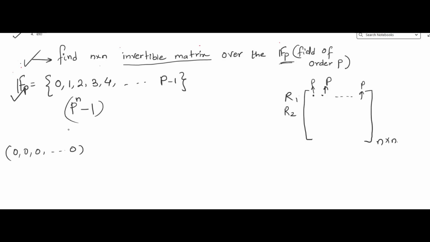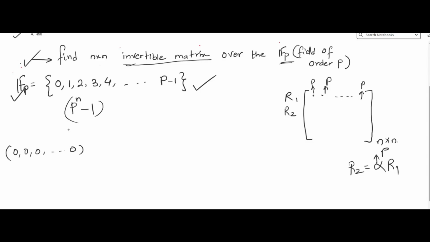Now let's talk about the second row. Since I want an invertible matrix, the second row can't be a multiple of the first row. If R2 is the second row, R2 can't be alpha times R1, where alpha is any element from this field Fp. For this alpha, I have p choices.